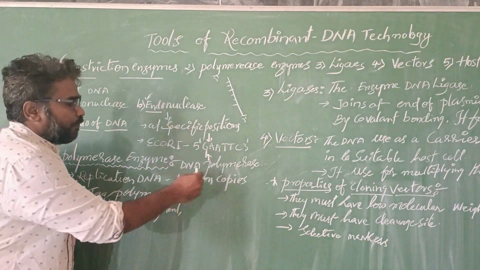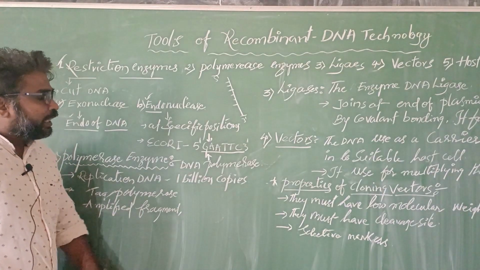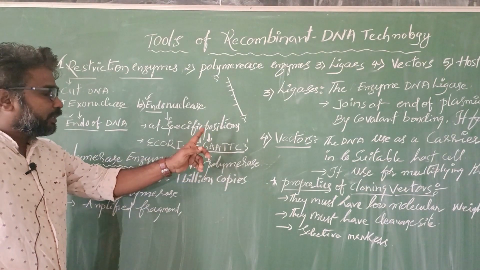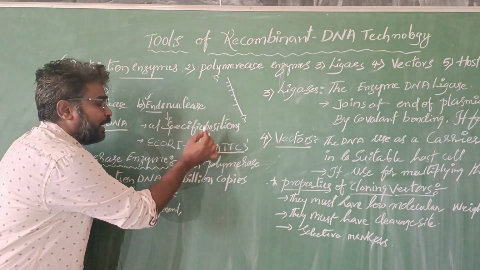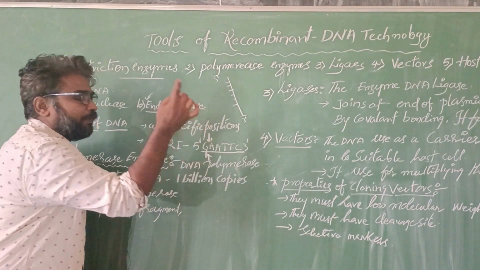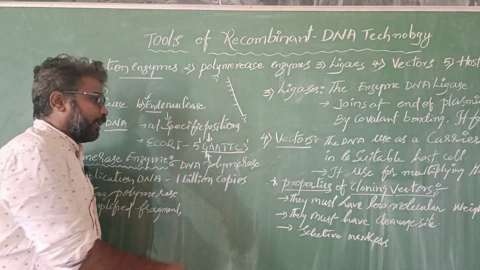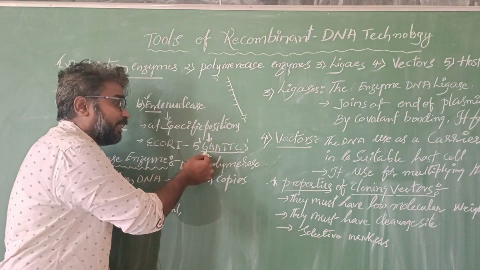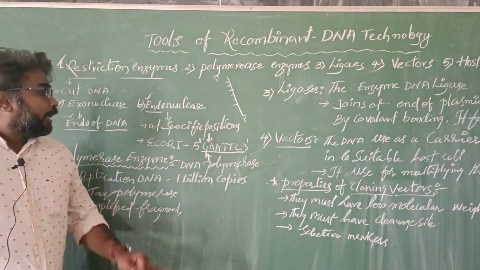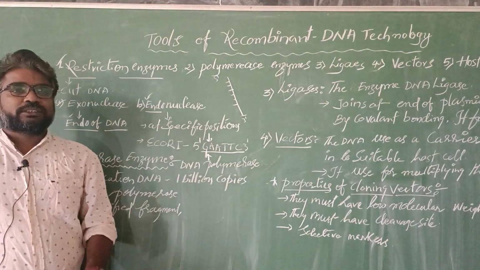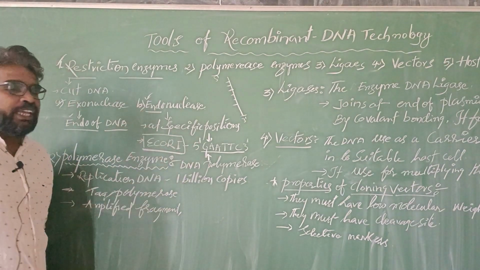For example, in this DNA sequence, it is cut between G and A. Look here, at the 5 prime end, it cuts between G and A. That we call endonuclease.